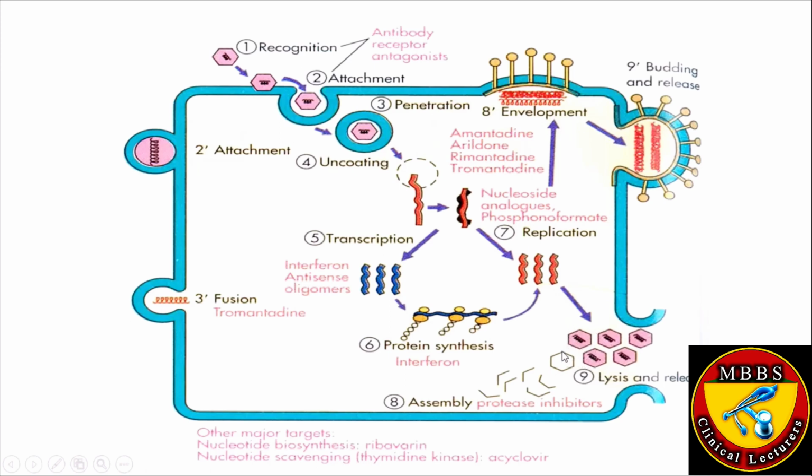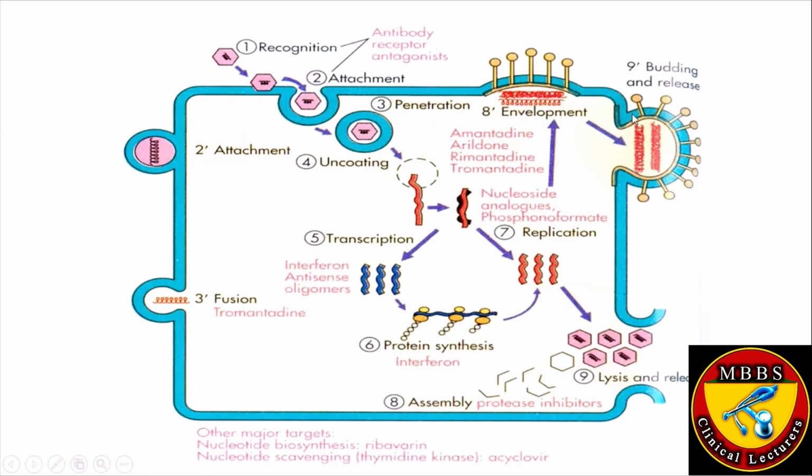After the assembly, the genome goes inside the capsids. Now they are mature viruses, and they lyse the cell and come out of the cell by lysis. The other way is that these mature viruses come to the surface of the host cell, and here budding occurs, with the formation of the envelope.